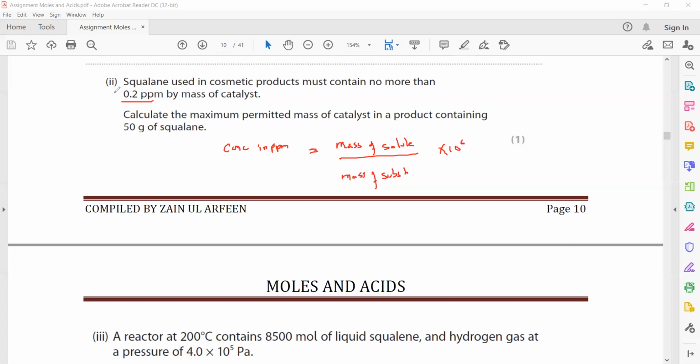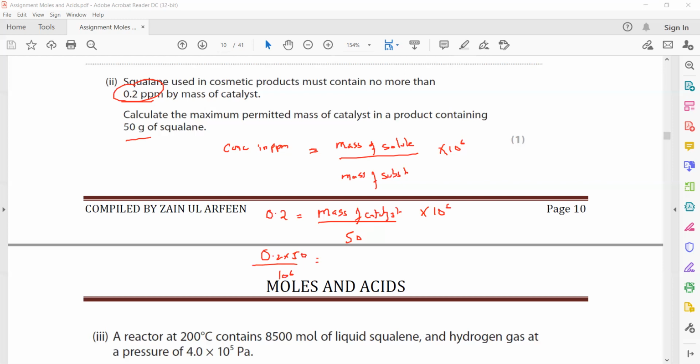So the permitted concentration is 0.2. So we have this as 0.2, mass of the solute, the mass of the catalyst we are finding, and mass of the substance is 50 grams, then into 1 million. So we need the mass of catalyst, so 0.2 multiplied by 50 divided by 1 million.